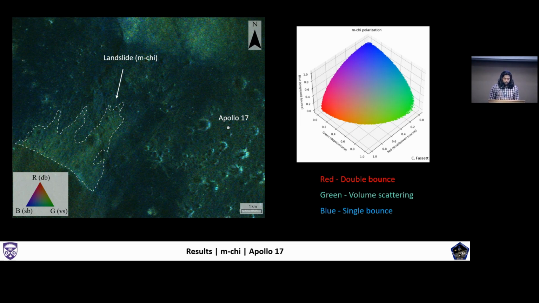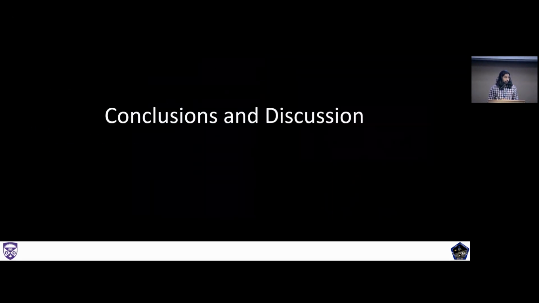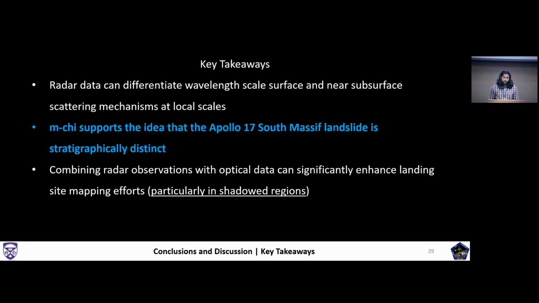Now, one of the primary conclusions that can be drawn from this data is that radar can see what optical wavelengths cannot see. And the Apollo 17 site in particular, the landslide, is stratigraphically differentiated as seen by the green color, which indicates volume scattering.